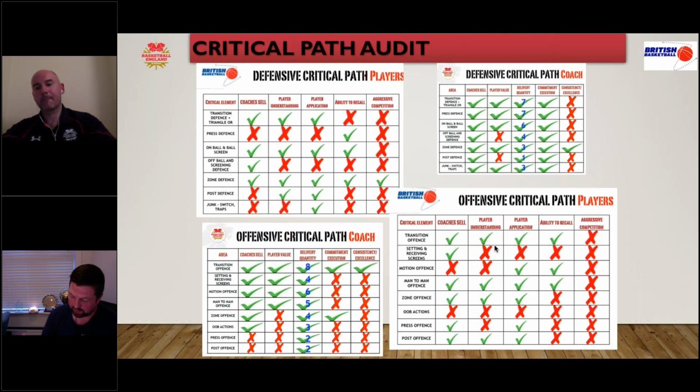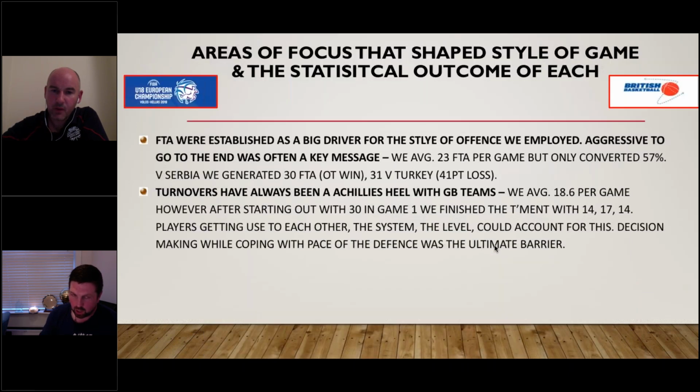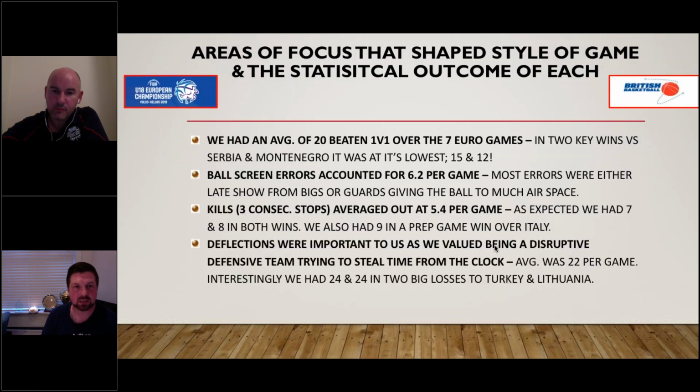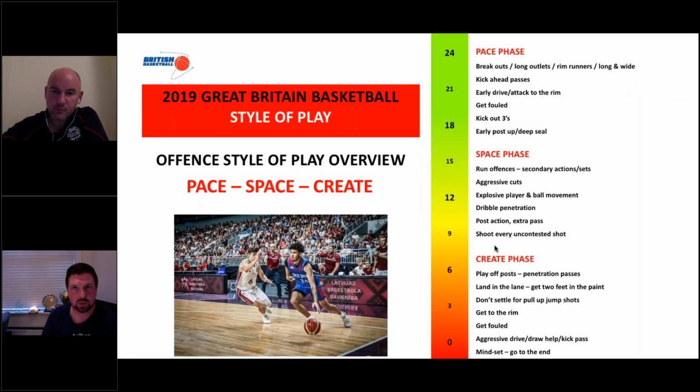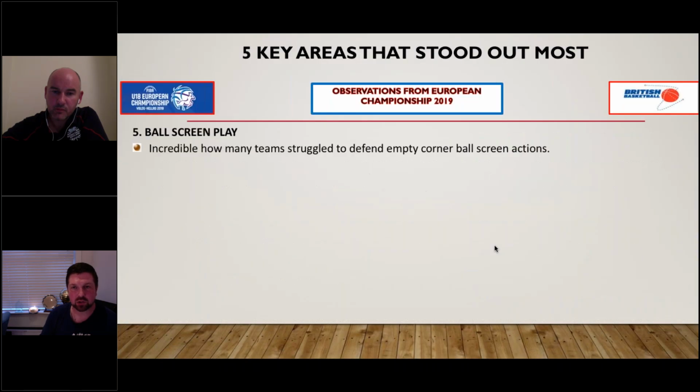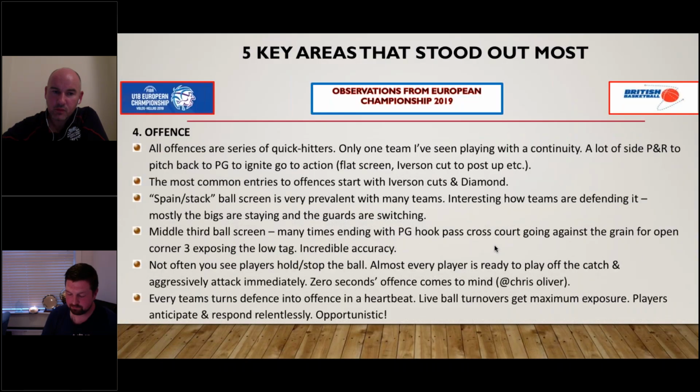So maybe bringing everything together now. We spoke about what a player requires to become a European level player. I suppose three questions in one respect. How do we create the consistency of a player to make an Irish national team?